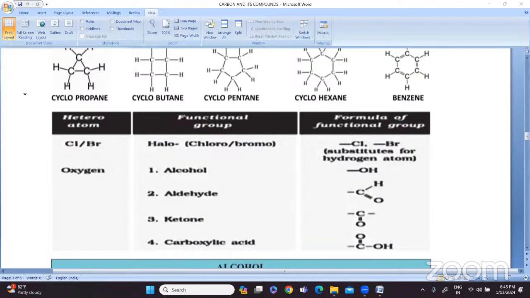Till now, in alkanes, alkenes, and alkynes, all the carbon compounds are made up of carbon and hydrogen only. Heteroatom means when you have sulfur, nitrogen, oxygen, chlorine, fluorine. These atoms other than carbon and hydrogen are called heteroatoms.